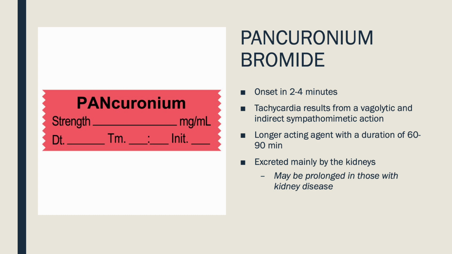Pancuronium historically, we love it in cardiac surgery because that vagolytic effect counteracts the bradycardia with a high dose narcotic technique. You give a bunch of narcotic, that's the old school way of doing hearts. 20, 30 cc's of fentanyl, pancuronium, you don't get that severe bradycardia from those opioids. But there's that downside.